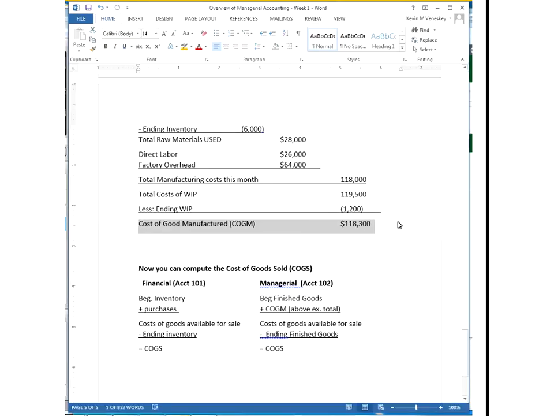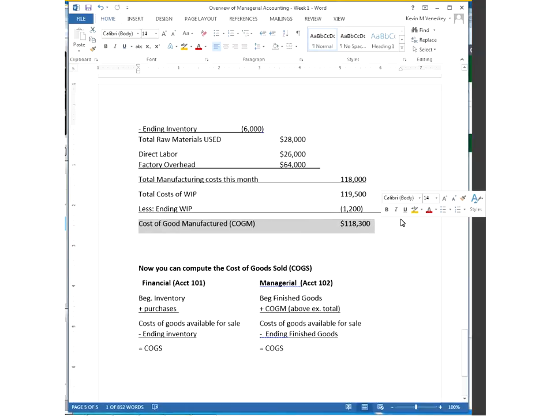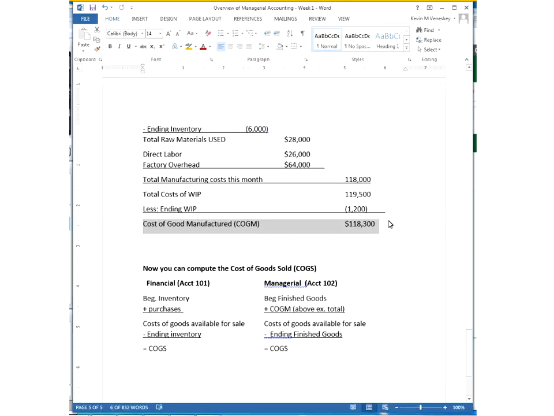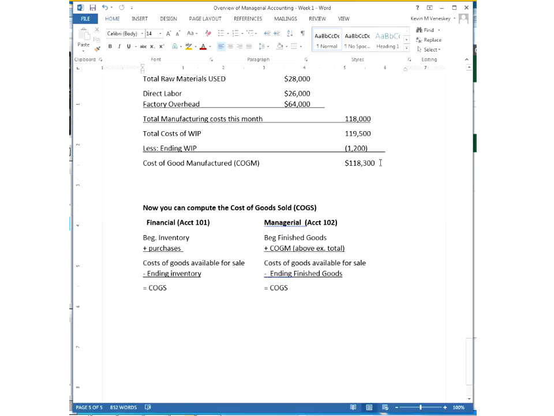So that means the items that are ready to move on, those costs that were manufactured and moved on, was $118,300. And that was what I wanted to get to. How much cost did I incur that actually went from point A to point B was $118,300. Then we can take this $118,300 and begin to move it into and find our cost of goods sold.